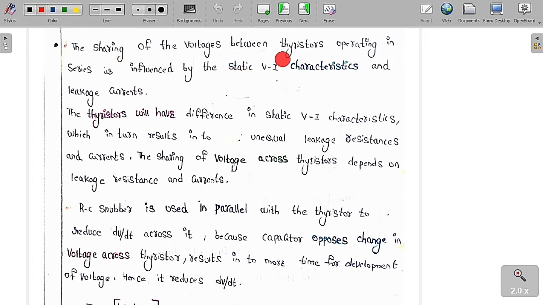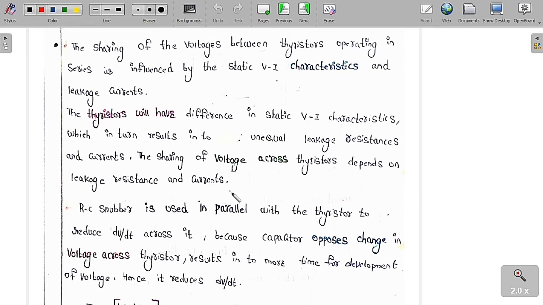See, basically, if you want to make a series combination of more than two thyristors, then if you give a supply voltage across them, the amount of voltage drop across each and every thyristor is going to depend purely on the static VI characteristics of each thyristor and also the leakage currents.